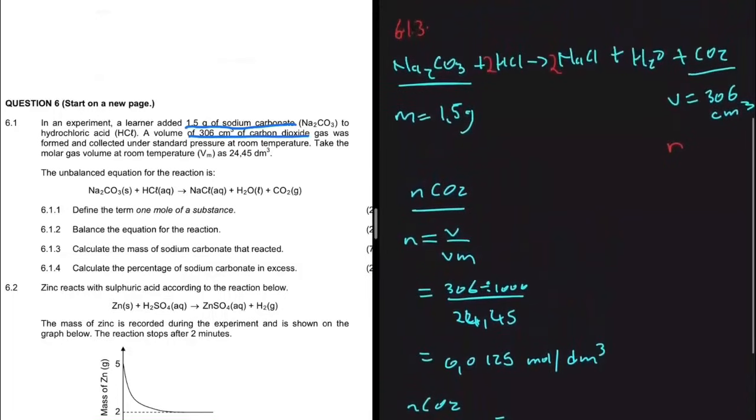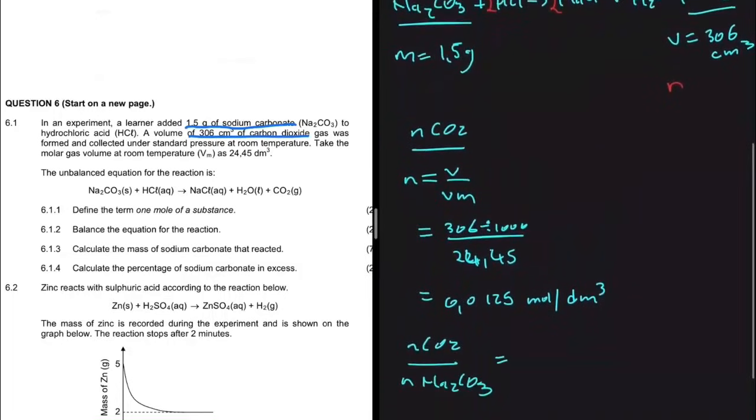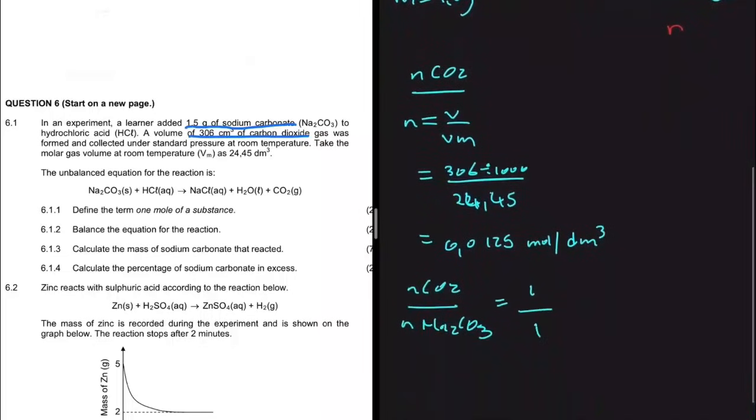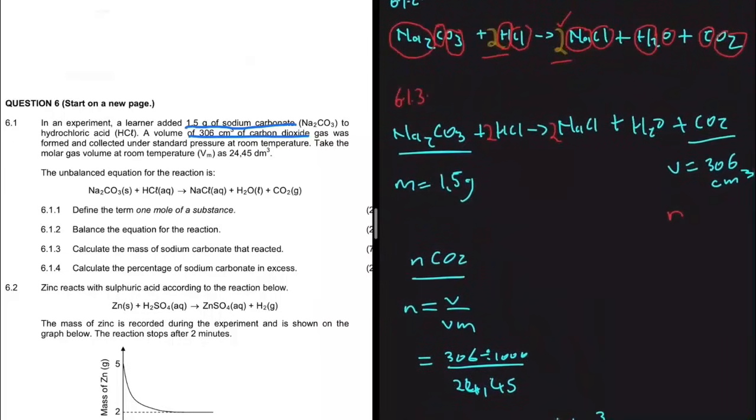What is the balancing coefficient on CO2? It is 1. And the balancing coefficient of Na2CO3 is also 1. If you're still confused and don't know what a balancing coefficient is, it's this number here. You can see for NaCl the number is 2, for HCl the number is 2, for Na2CO3 we don't have anything, but it's actually 1. And for CO2 it's also 1.